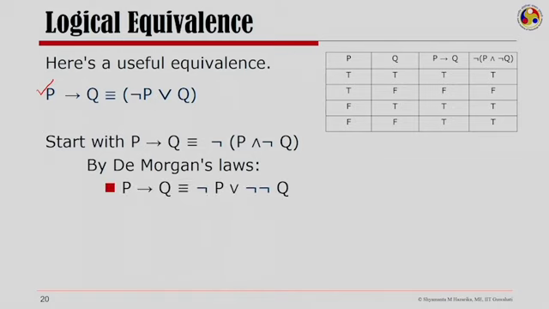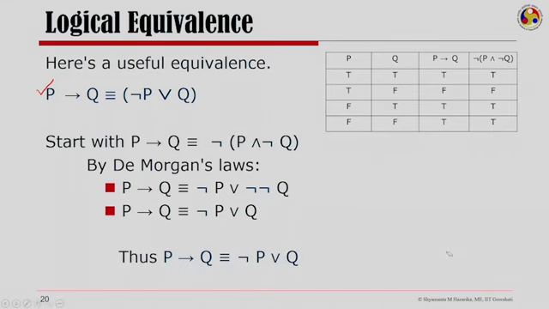We thereafter can use De Morgan's law to expand this out to its equivalent form, which is not of P or not of not Q, and that leads us to this being not P or Q. Thus P implies Q is equivalent to not P or Q. This is a very useful equivalence that we will be using when we work through the proofs, both in propositional logic as well as in first order logic.